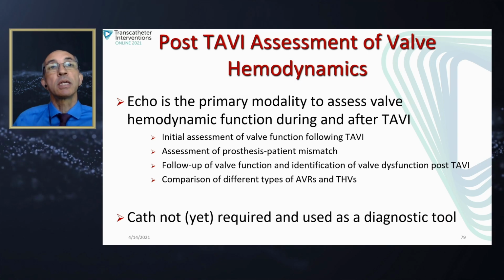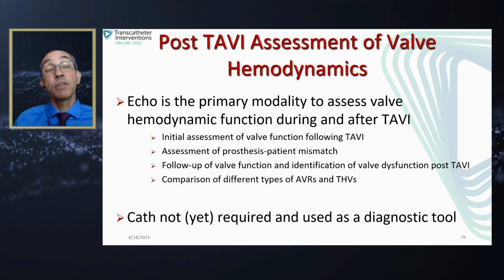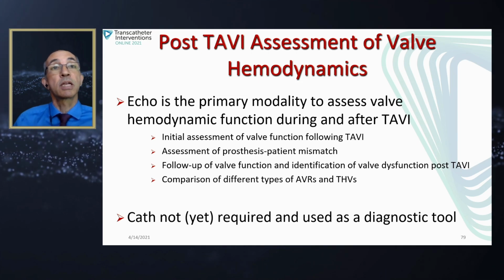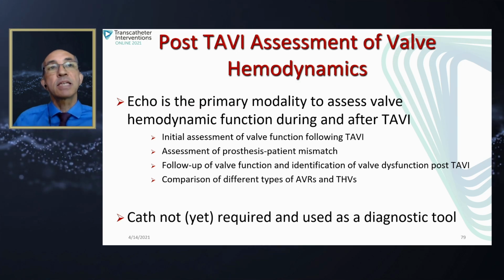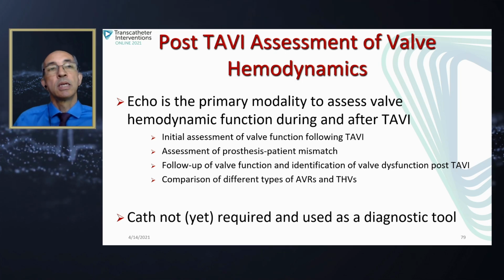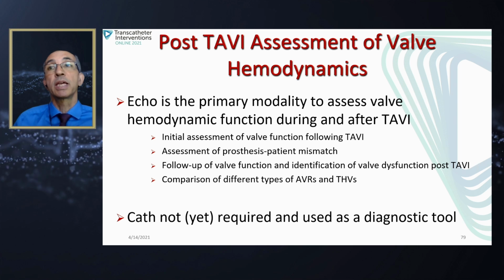It is also used to compare different types of AVRs, surgical and transcatheter valves. Catheter, on the other hand, an invasive assessment, is not required and used as a clinical tool, but has been used in some contexts to corroborate the measurements of echo.